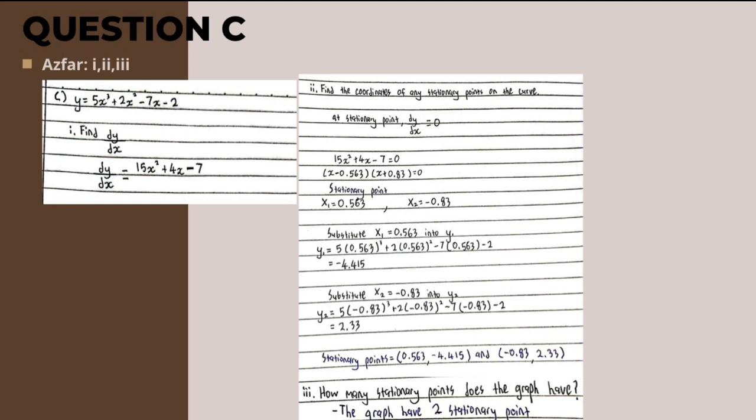So the stationary points equal the first in bracket 0.563 comma negative 4.415 and in bracket negative 0.83 and 2.33. So third Roman, how many stationary points does the graph have? So the graph has 2 stationary points.